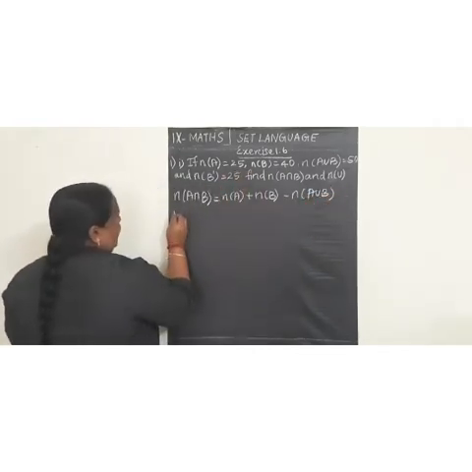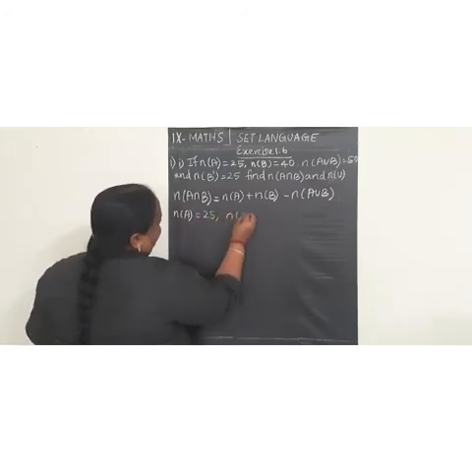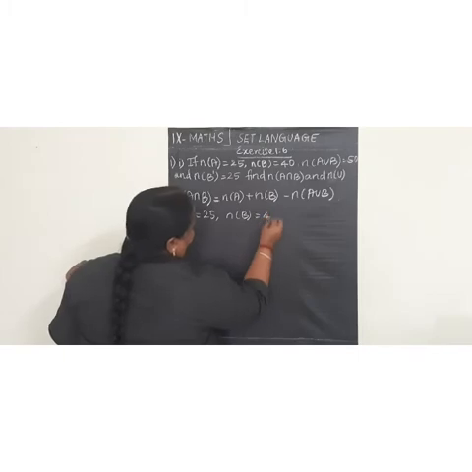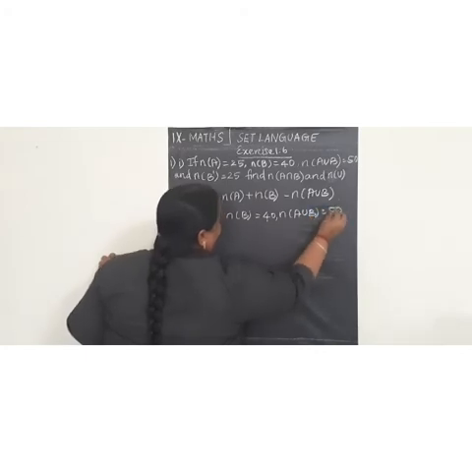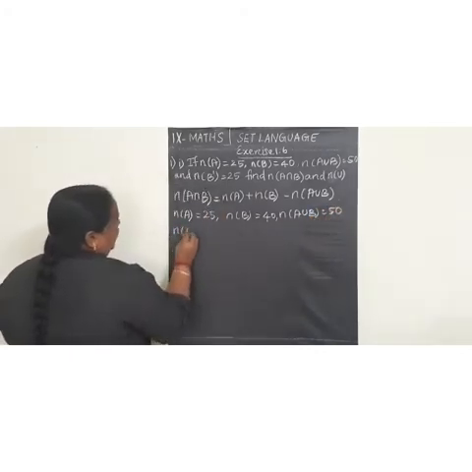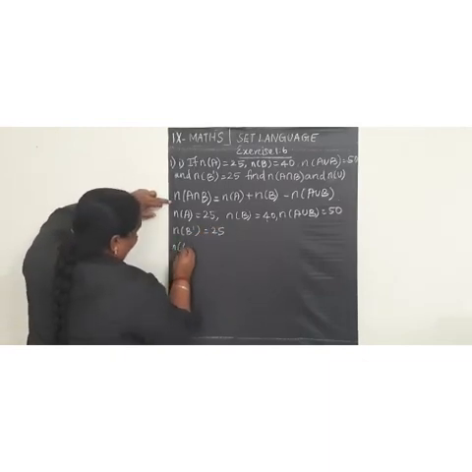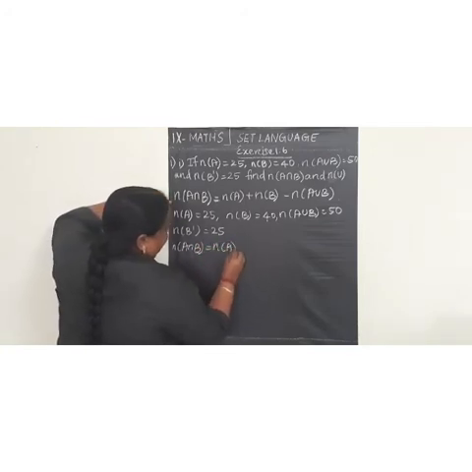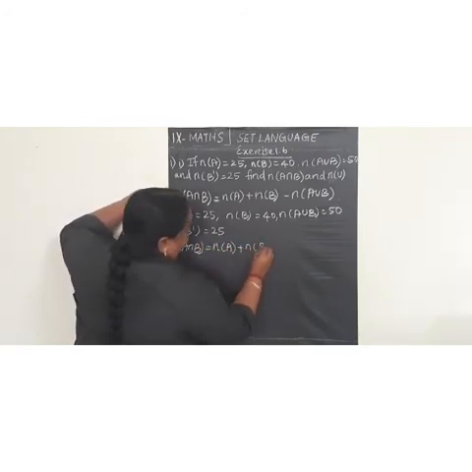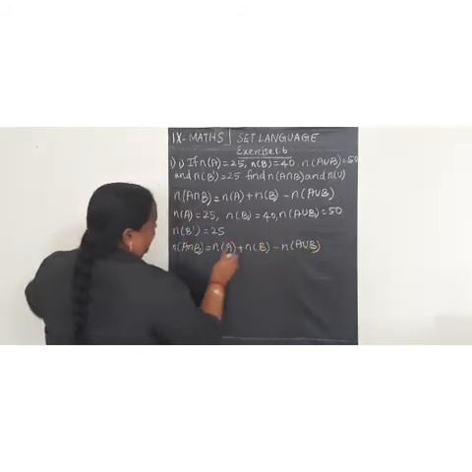Here they have given n of A is equal to 25, n of B is equal to 40, n of A union B is equal to 50. Now n of B dash is equal to 25. Now write the formula: n of A intersection B is equal to n of A plus n of B minus n of A union B. Now substitute these values in this place.